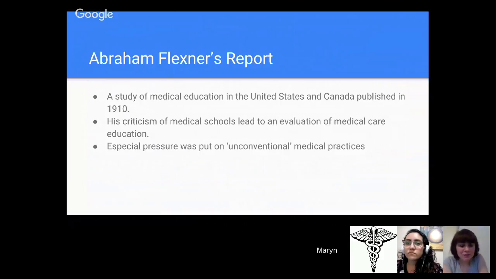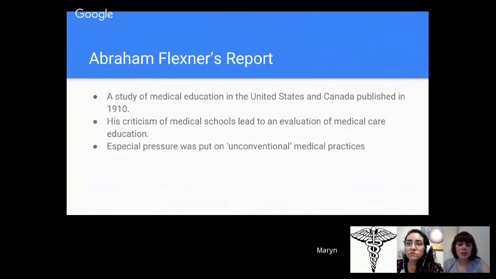Abraham Flexner did a study of medical education in the United States and Canada, and he published a report in 1910 that criticized medical schools for allowing just anybody to enter into them, and they weren't very science-based, which he stressed they really should be, and that students needed more lab hours actually practicing medicine instead of just sitting and learning it.